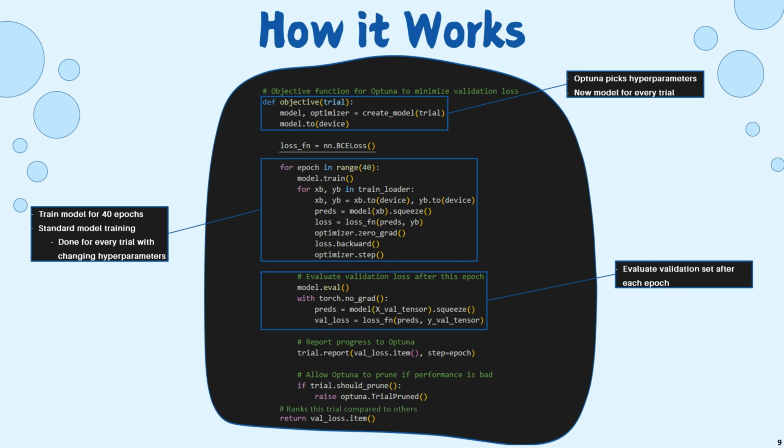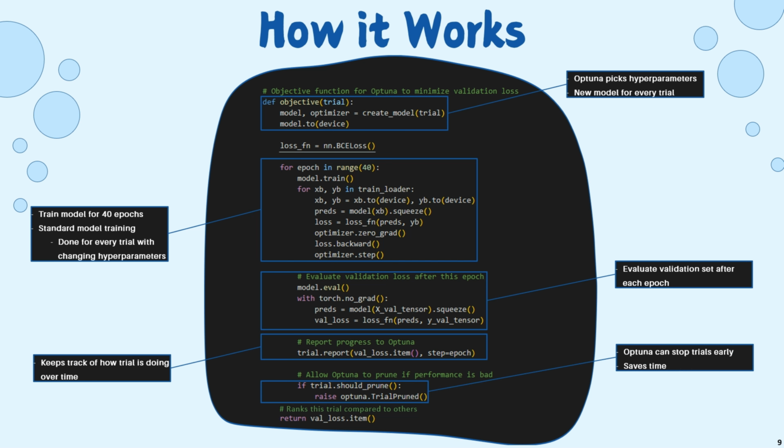We're going to evaluate the validation loss after each epoch, and we're going to report the progress to Optuna so that it can keep track of how a trial is doing over time. If Optuna believes that the performance is bad, it's going to stop the trials early, saving us some time. Then it's going to return the loss, using this value to rank the current trial compared to others.